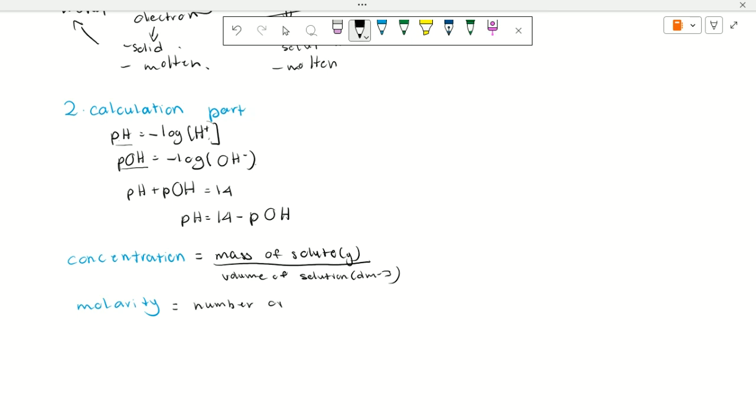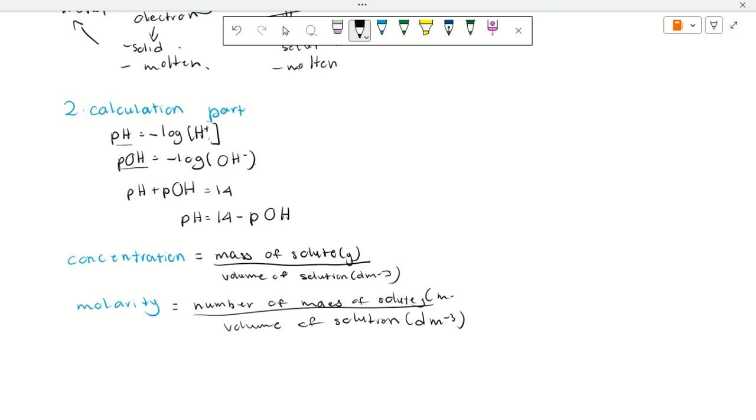And number of moles of solute over volume of solution, also the molarity.